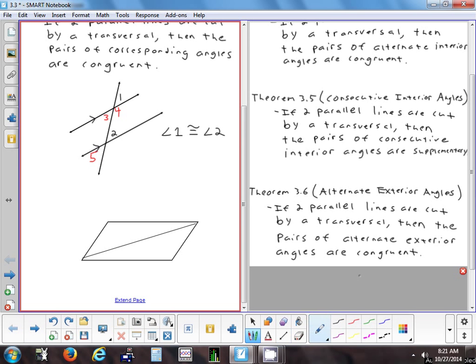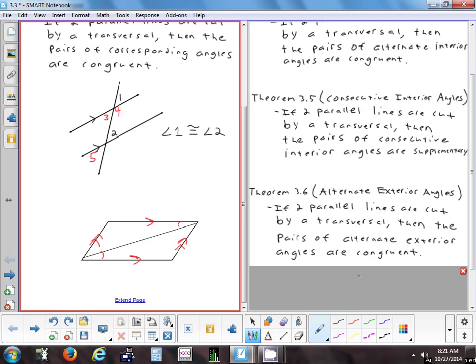But if you know that this shape is a parallelogram, we're going to learn that that means it has two pairs of parallel sides. On the left and the right are parallel, and the top and the bottom are parallel. So you can think of this picture as parallel lines being cut by a transversal. If the top and the bottom are parallel, and they're cut by the diagonal, which is a transversal, then those two angles would automatically be the same.